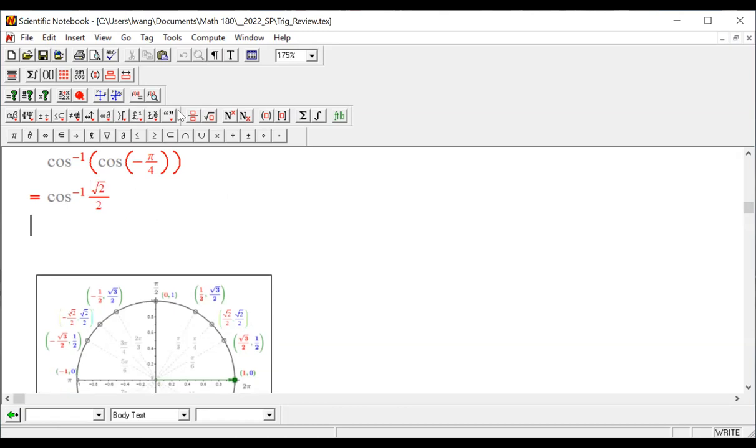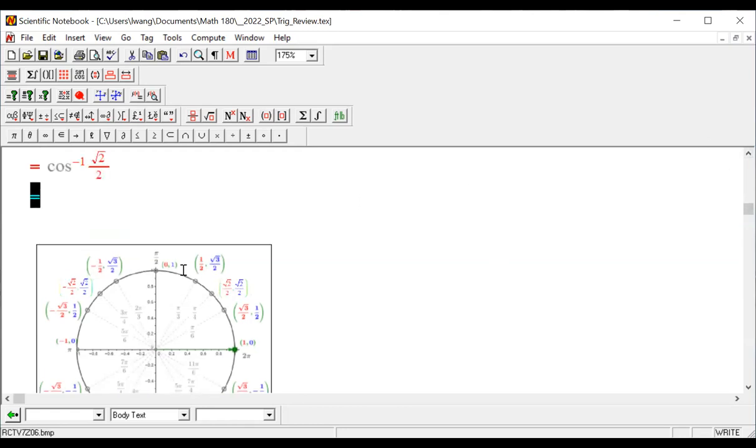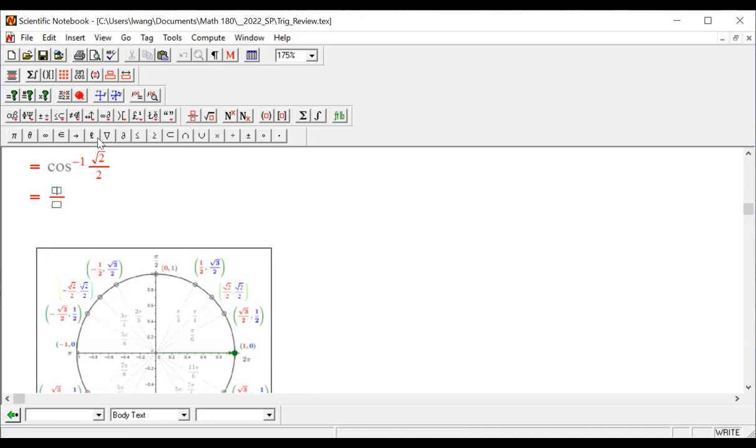Then arc cosine of √2/2, for the no-fly zone, cross it out. So you have the ratio of √2/2, and the angle, of course, is going to be pi over 4.